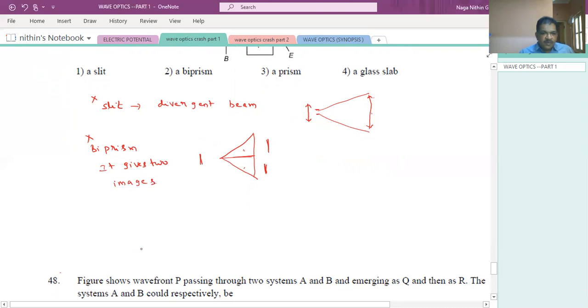Okay, prism, what it will do is, if this is the incident wavefront, the emergent wavefront may be like this. So prism will be the correct answer.